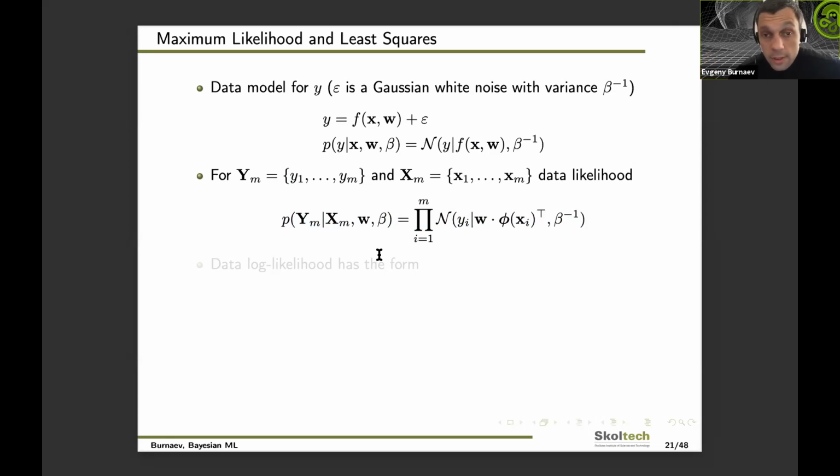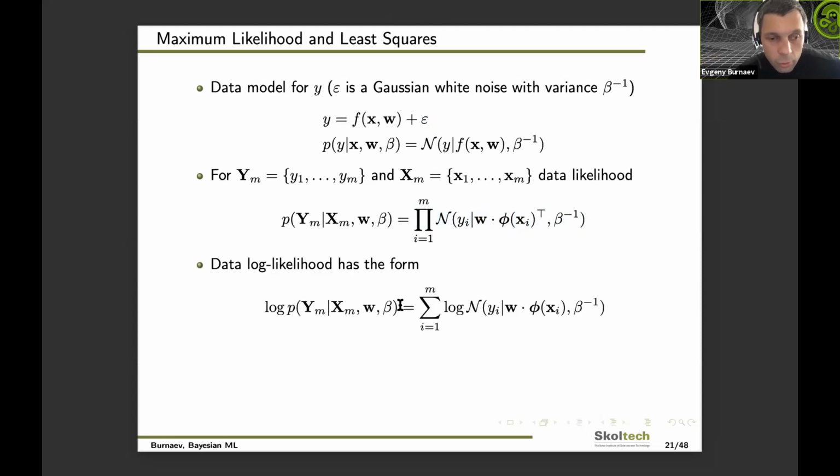And for each separate observation, the likelihood is given just by the Gaussian density, with the mean value equal to this, which is just the value of the linear basis function model, and this is the variance due to white noise here. That's it. So this is the exact expression. Here by N, I mean the density of the Gaussian distribution.